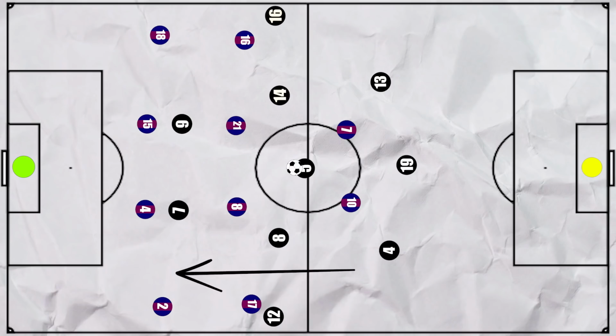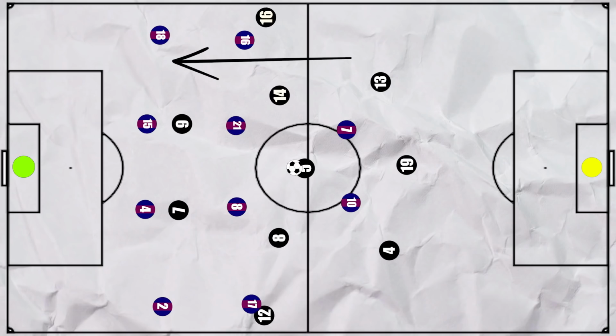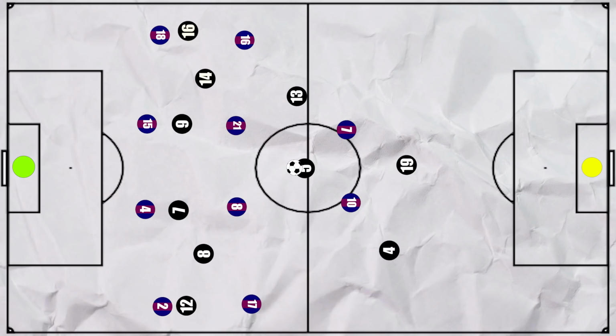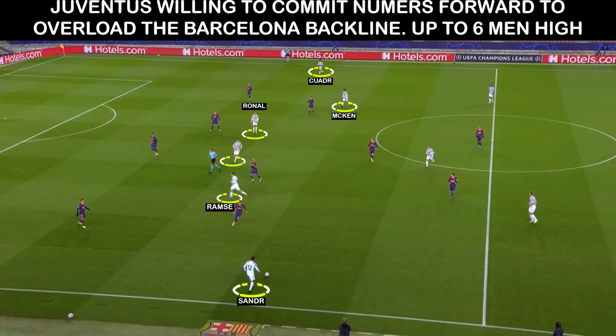And Juventus was structured in the attack, looking to overload the Barcelona back four. With the wingbacks high and 2 centre forwards, it could already look like a 4 vs 4. And with 1 or even 2 midfielders pushing high, it could morph into a front 6 at times.